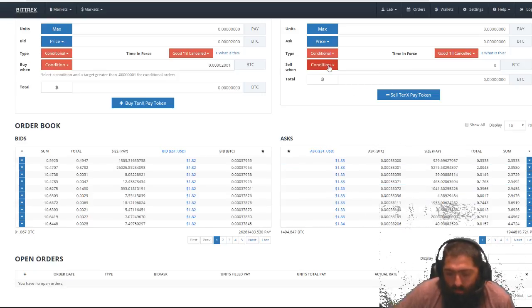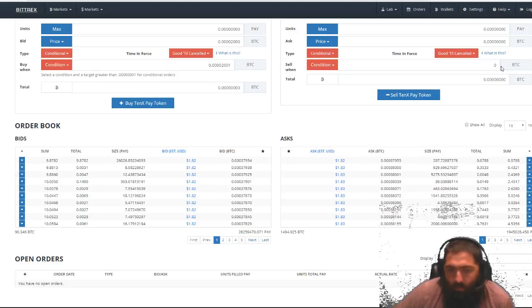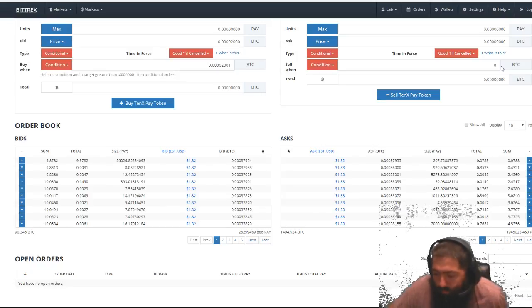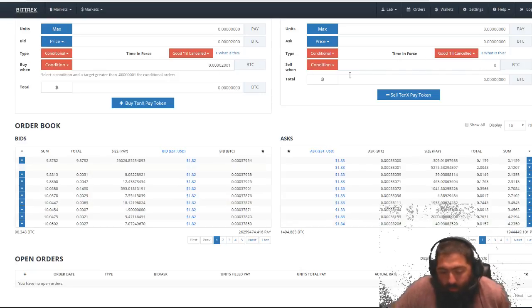The conditional is it will not add it to the book until it hits the price you set in the condition. Yeah, it could be buy or sell side. Just examples, guys. Just examples.